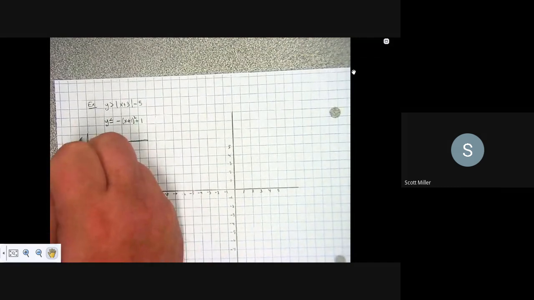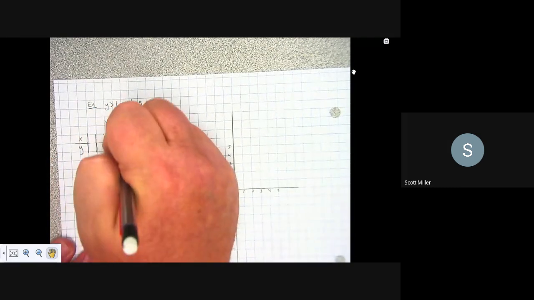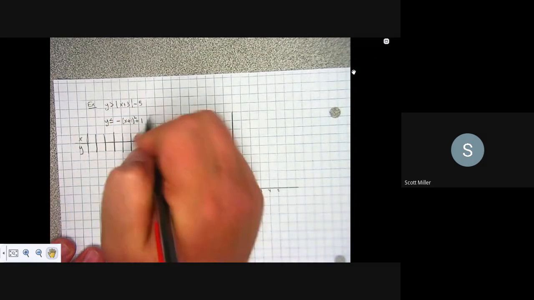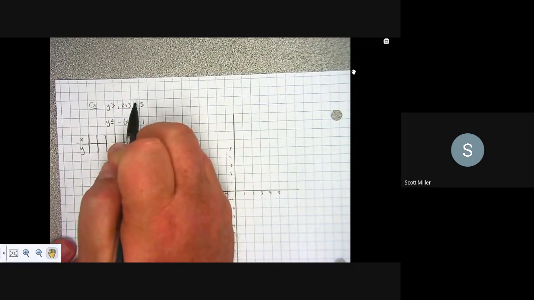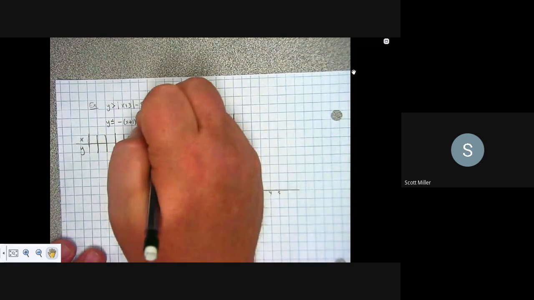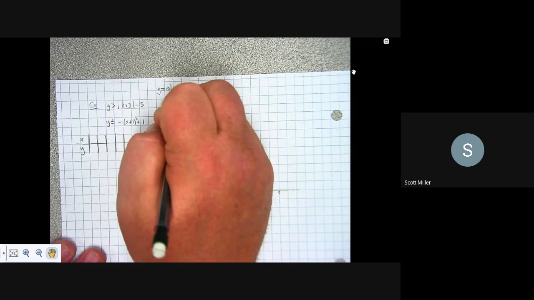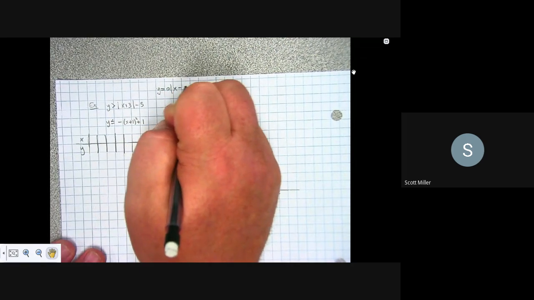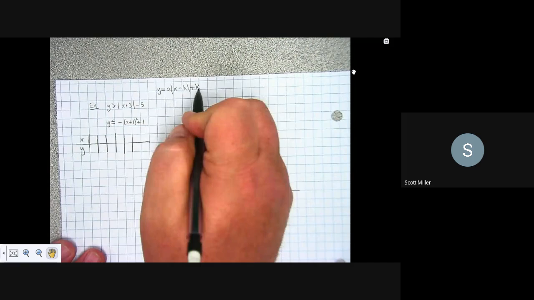It's an absolute value, so just like the quadratic, it's in the same kind of format. Where is the vertex for this thing? Remember, absolute values look like this: absolute value of x minus h, plus k, so the vertex is (h, k).